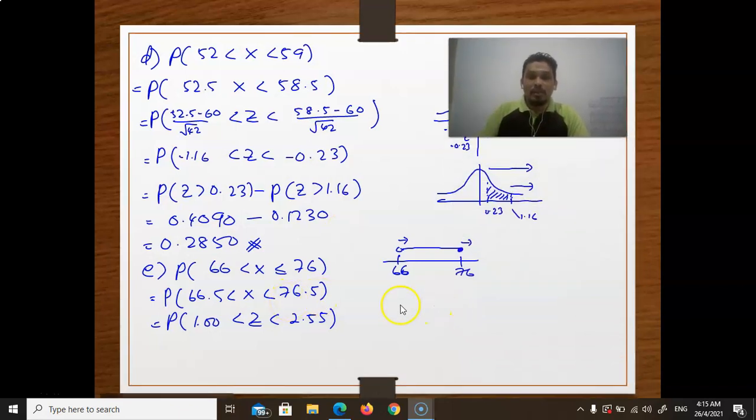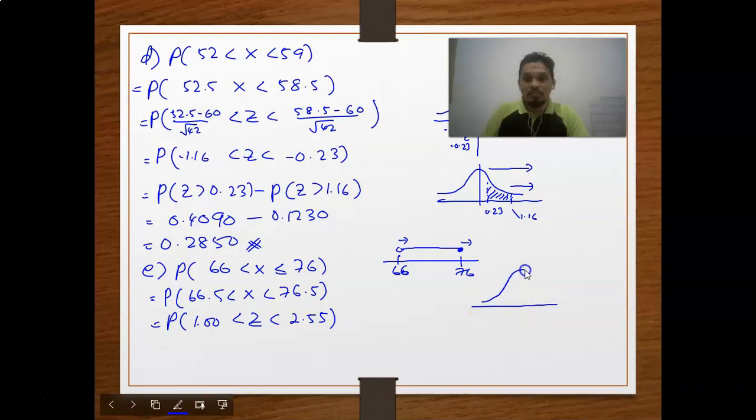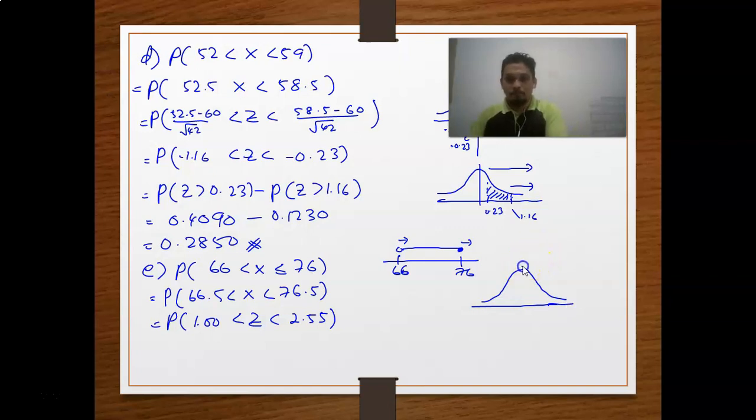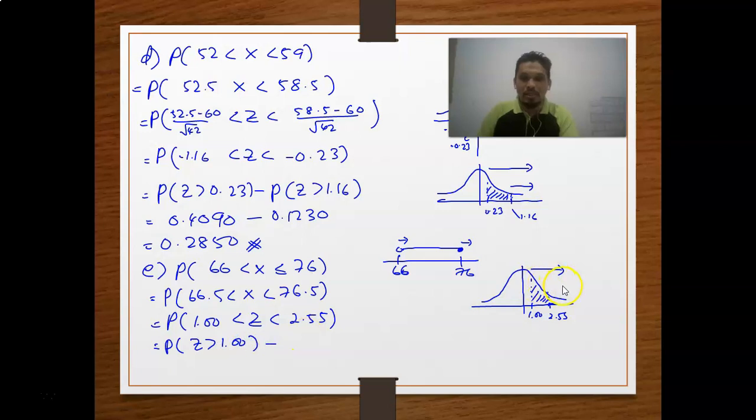Now, let's sketch the graph. It is 1.00 and 2.55. So it is the probability of Z greater than 1.00 minus the probability of Z greater than 2.55.